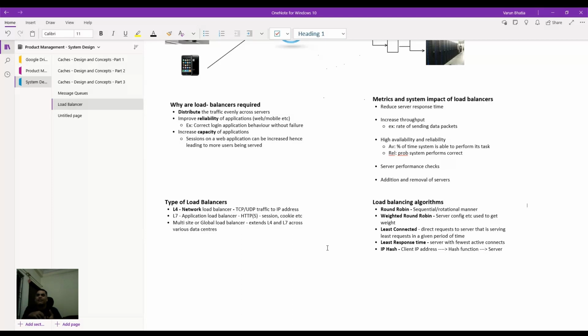We have covered Google Photos in the past, but I'll try to revisit system design interviews from the perspective of whatever we have learned so far, and make it more complete by covering these components. So hopefully, this was useful.